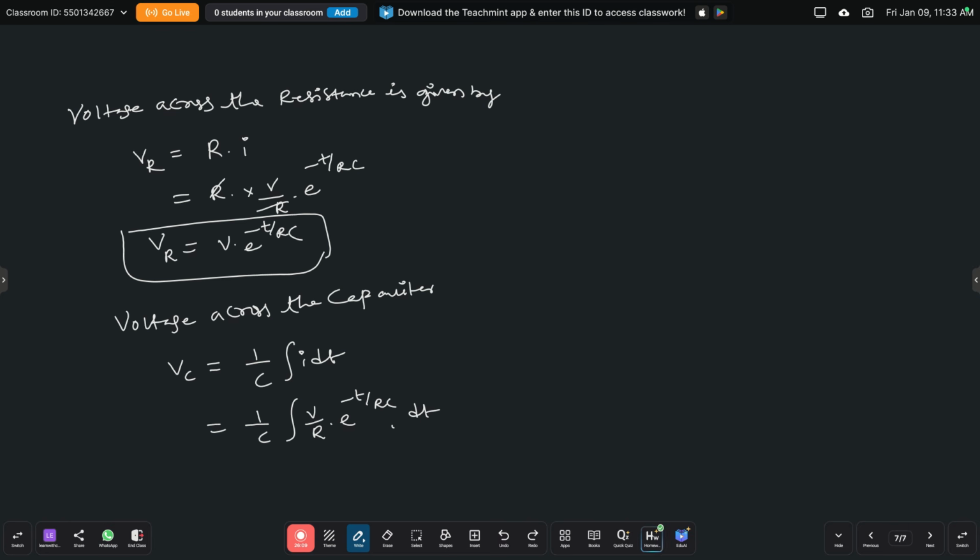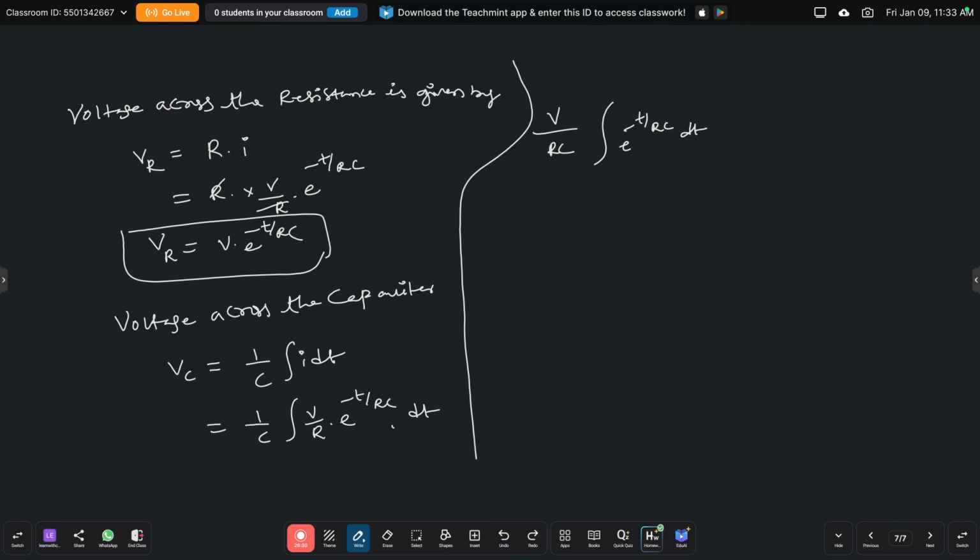Here V by R is a constant, so V by R is taken outside. Then we get V by RC integration of e power minus t by RC into dt. So we just apply the integration.